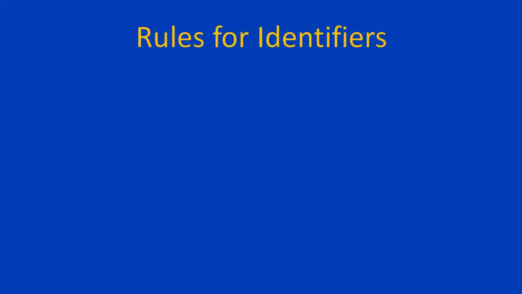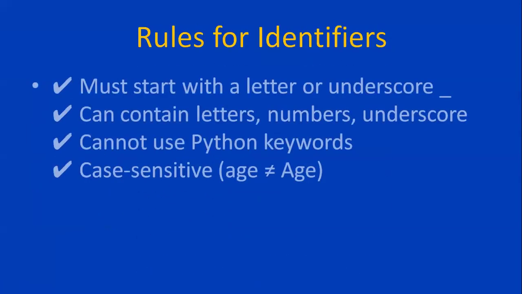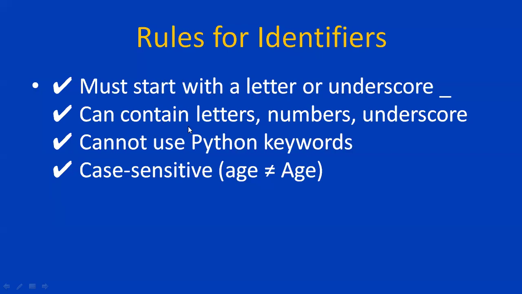And we have some set of rules for identifiers. In Python, we should remember these rules while naming an identifier, that is, naming a variable. The identifier must start with a letter or underscore. The first rule is that the name should start with a letter, or you can start with an underscore. The second rule is that identifiers can contain letters, numbers, and underscores; that is, alphanumeric characters can be used.